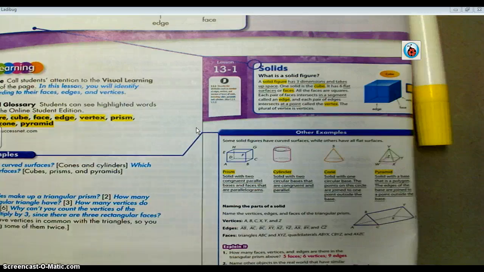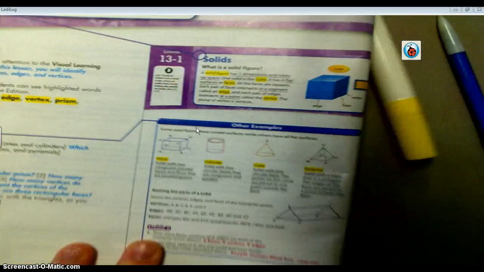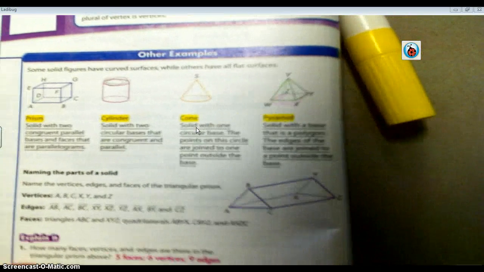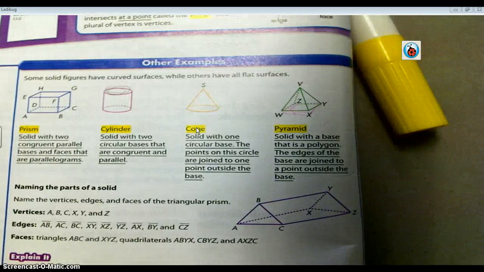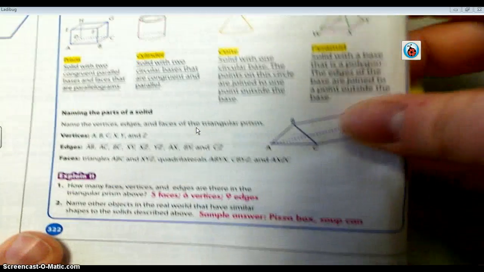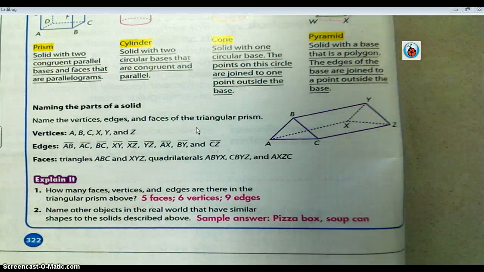Okay. All right. The only other thing we need to make sure that we know is how to label them. If you look at the bottom of the page here, it gives you an example. I'm going to use the one in the book here, on page 322, which is going to be a lot easier for you to see. I want to make sure that you understand how to use these labels properly.